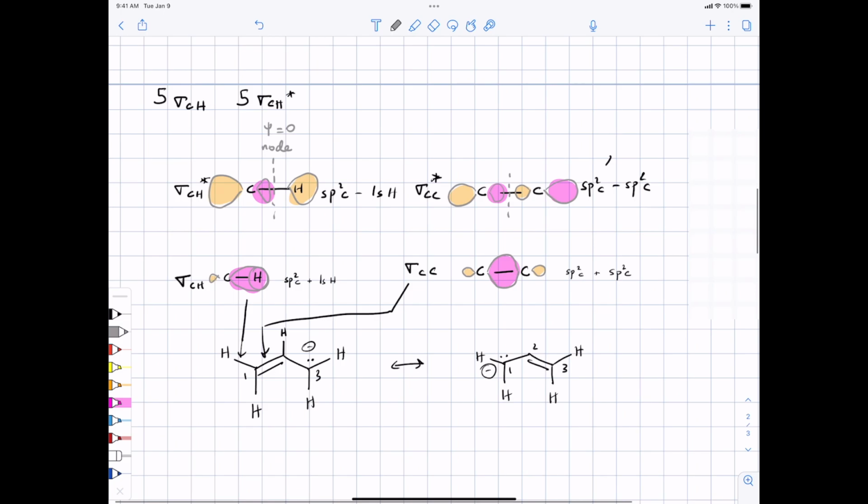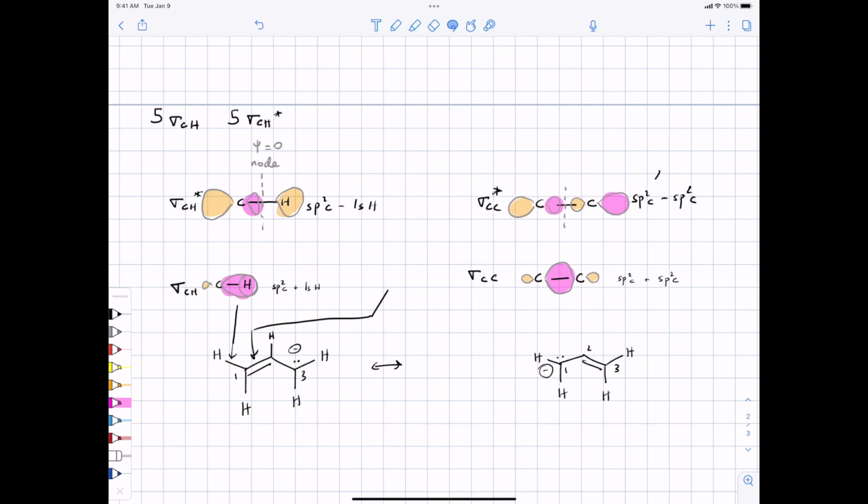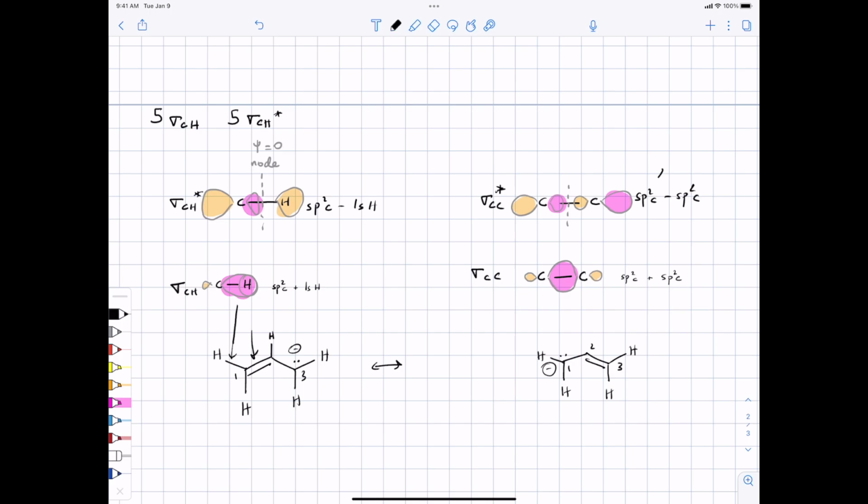Okay, so something that people generally ask at this stage is, how do I know what is the relative energy difference between a carbon-carbon sigma bond and a carbon-hydrogen sigma bond? And there's two answers to that.